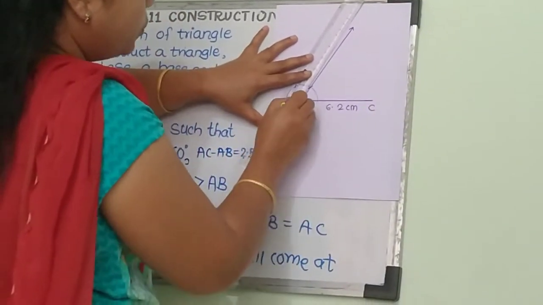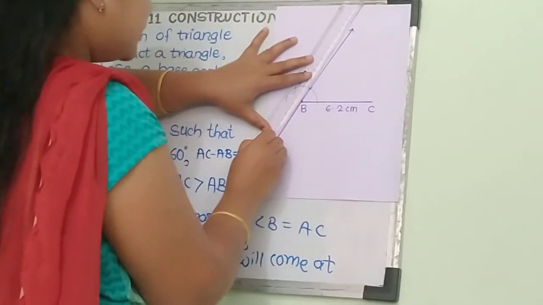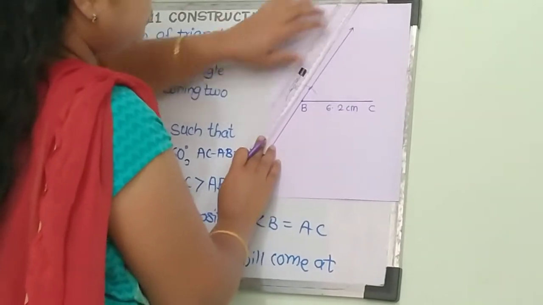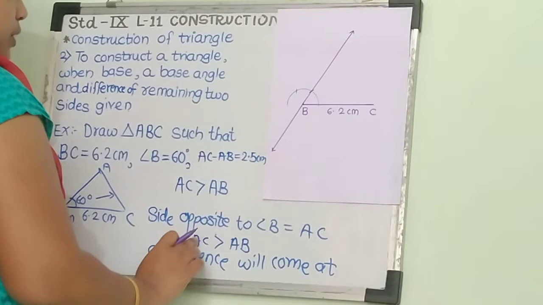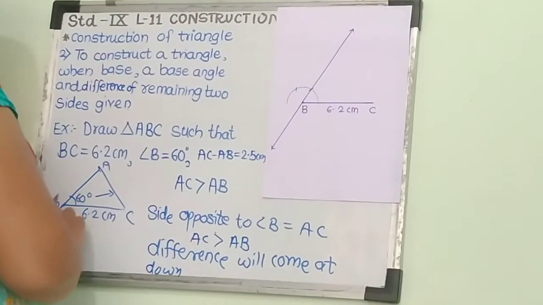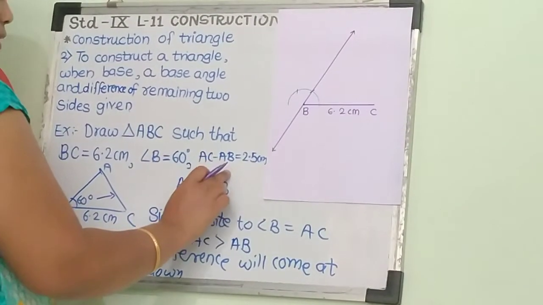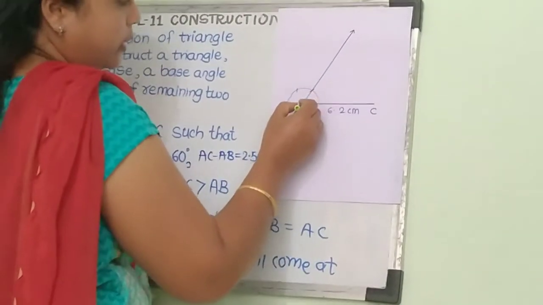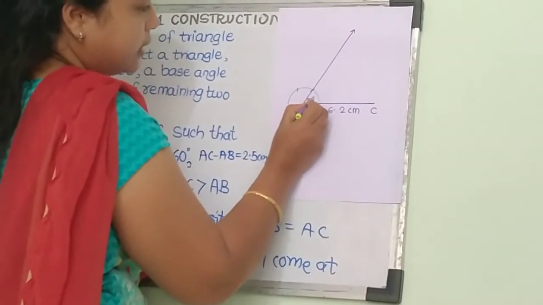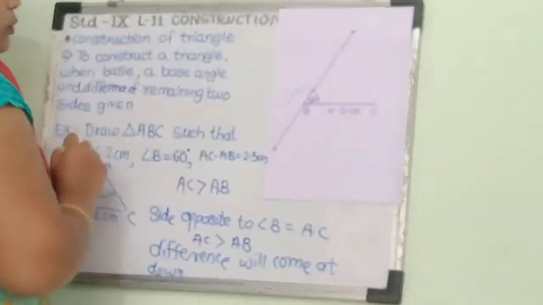Here I have to extend the 60 degree angle because we know that we have to draw the difference between two sides given at down. So here I am going to extend this 60 degree angle at downward.